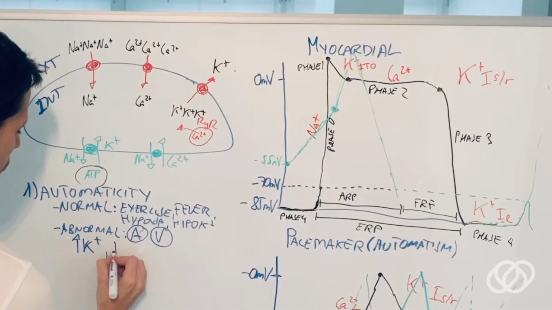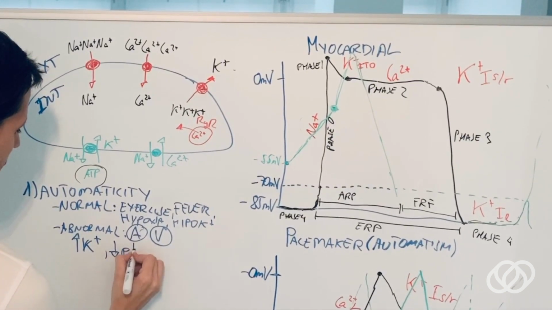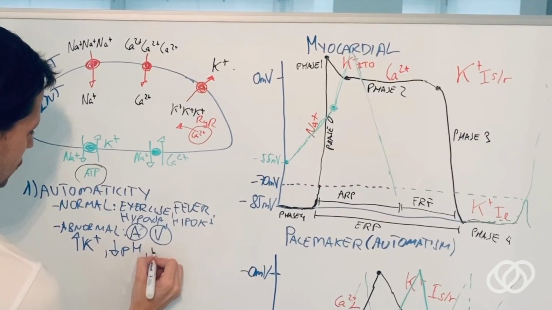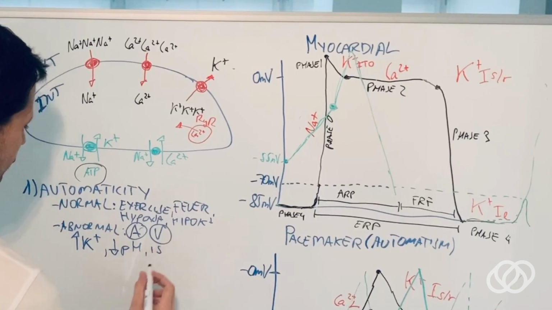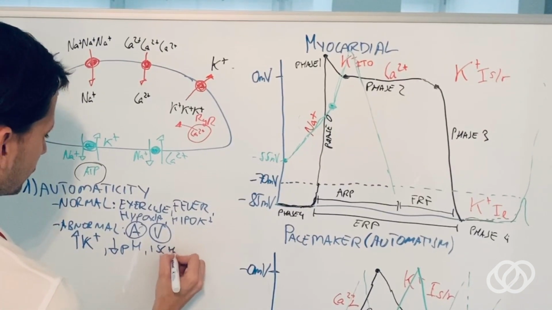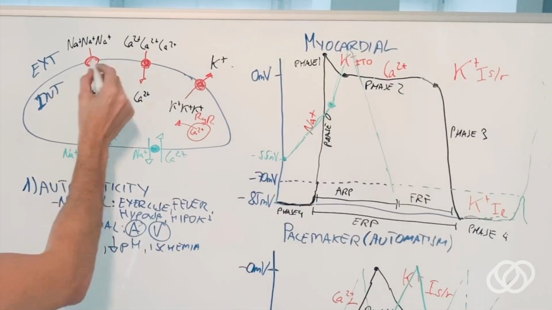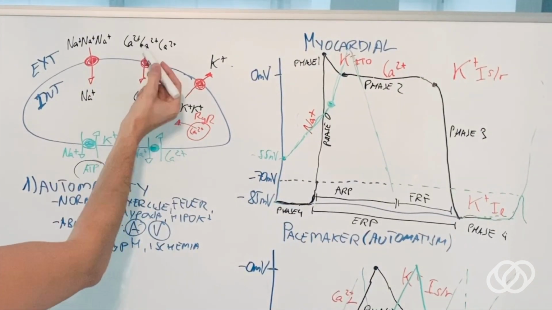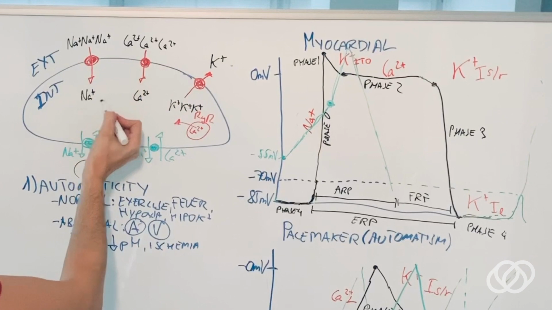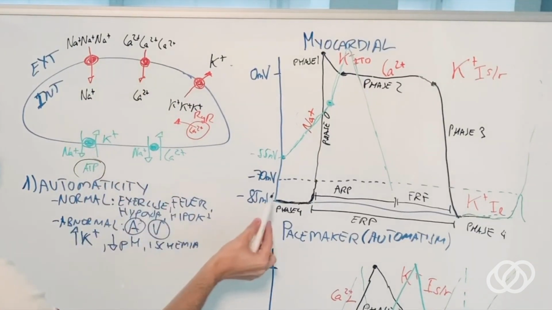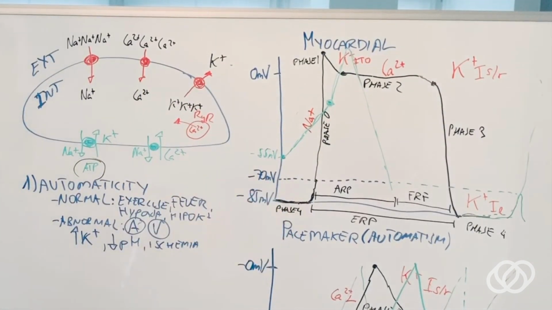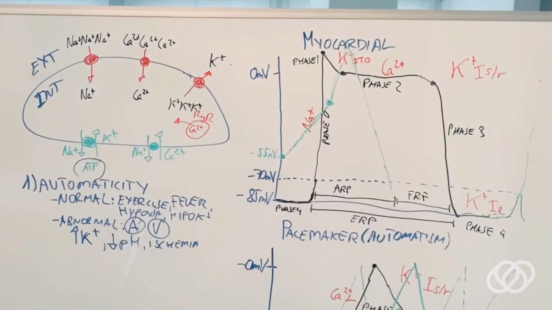Situations of low pH, and also situations of ischemia. In situations of ischemia, the membrane starts disrupting, a lot of calcium and sodium can enter the cell, and the cell becomes less negative. So this is a mechanism of enhanced automaticity.